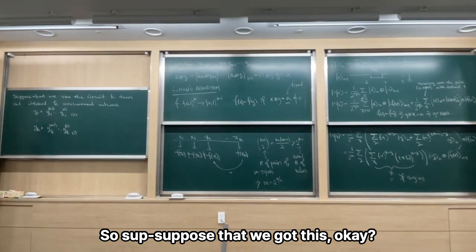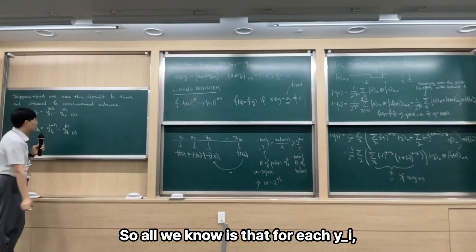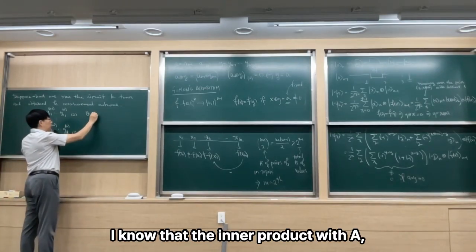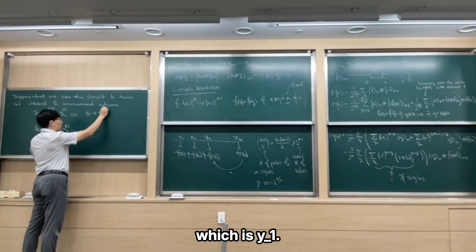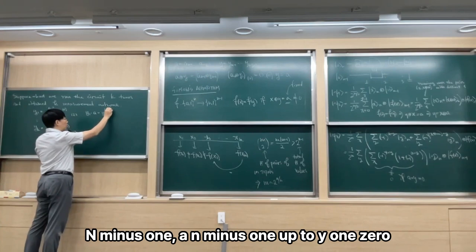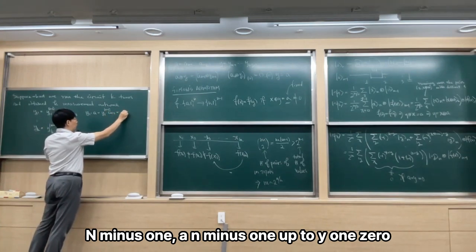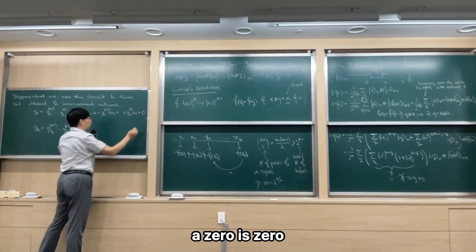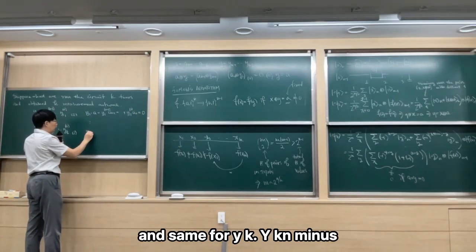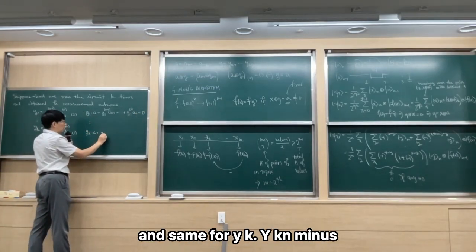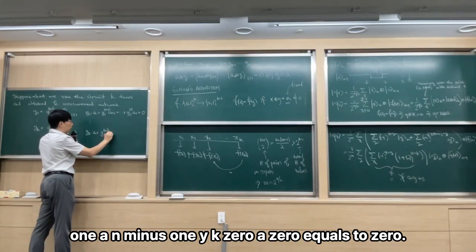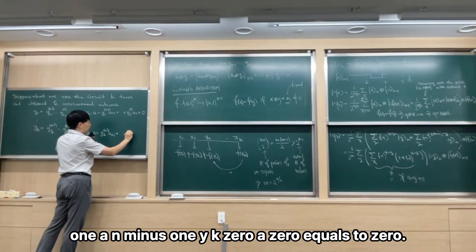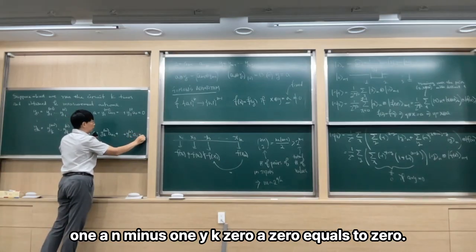So suppose that we got this. All we know is that for each Yi, the inner product with A, which is Y1 n minus 1, A n minus 1, up to Y1 0, A 0, is 0. And same for Yk: Yk n minus 1, A n minus 1, up to Yk 0, A 0 equals 0.